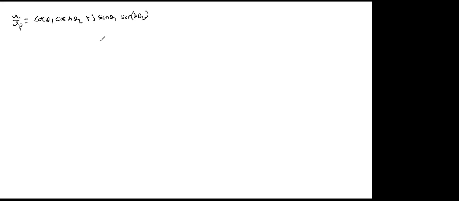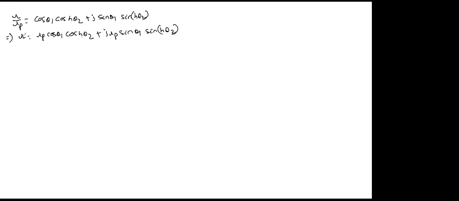Now what is omega? Simple, omega equals to omega p cos theta 1 cos hyperbolic theta 2 plus j omega p sin theta 1 sin hyperbolic theta 2.